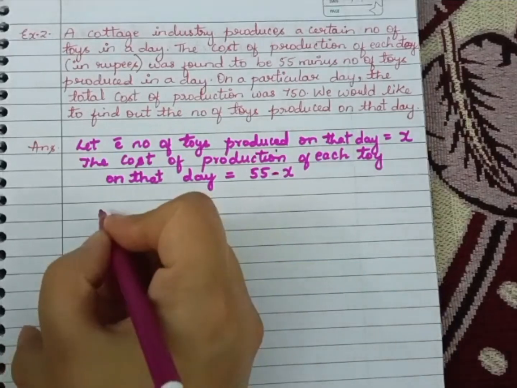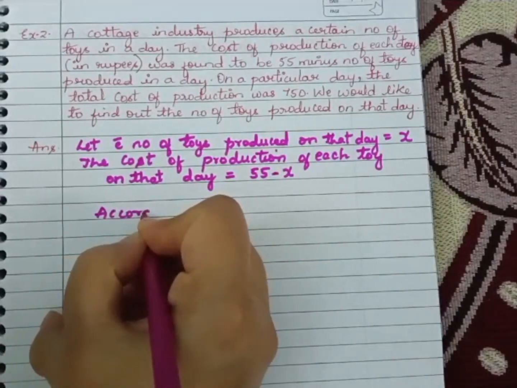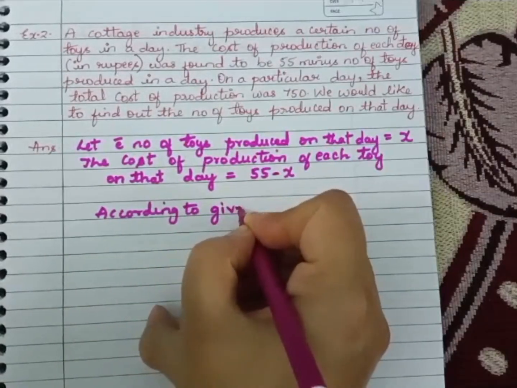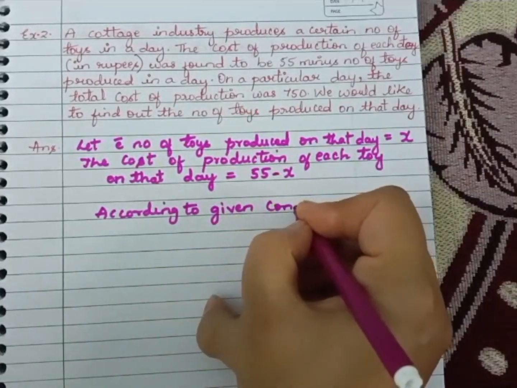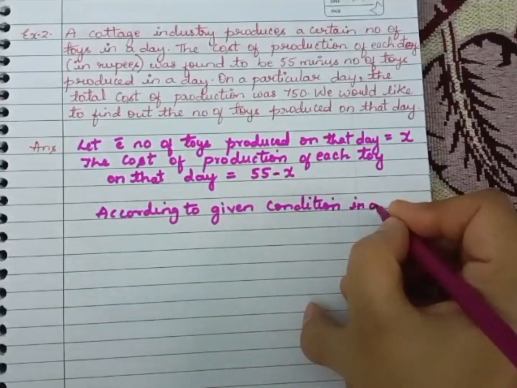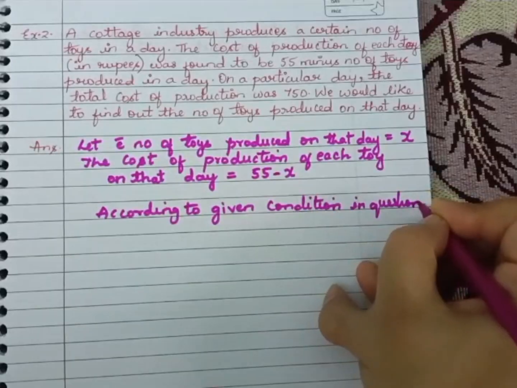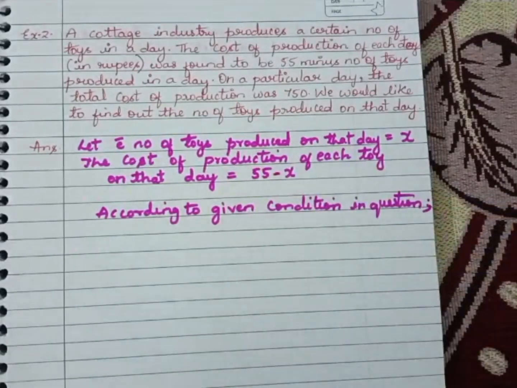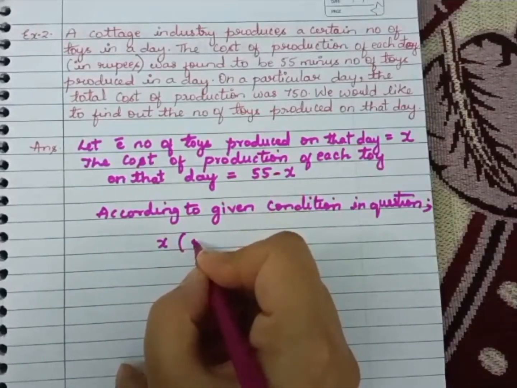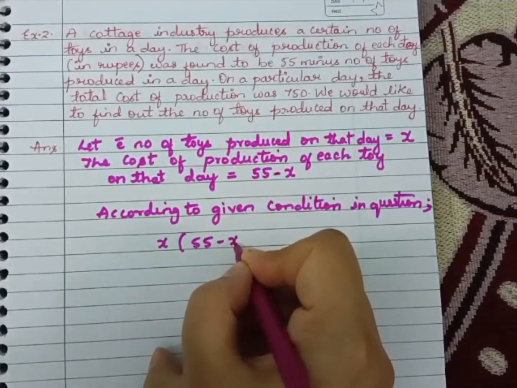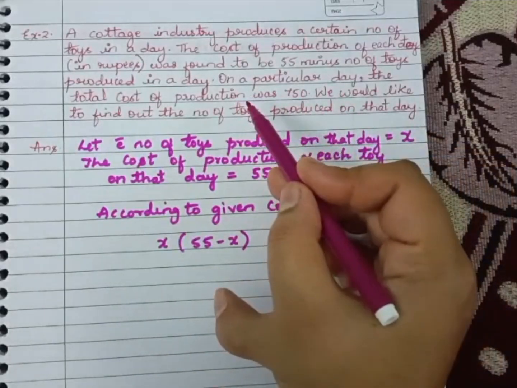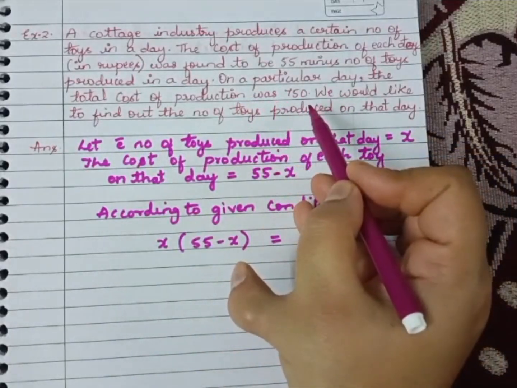Now according to the given condition in the question, that is x of 55 minus x, equal to, we have here total cost of production is 750.